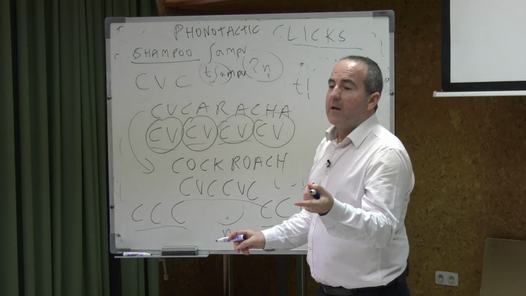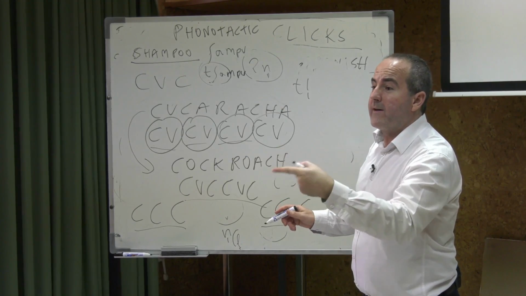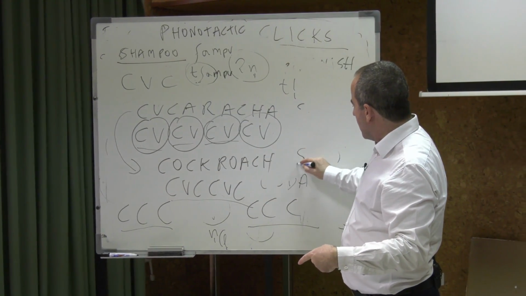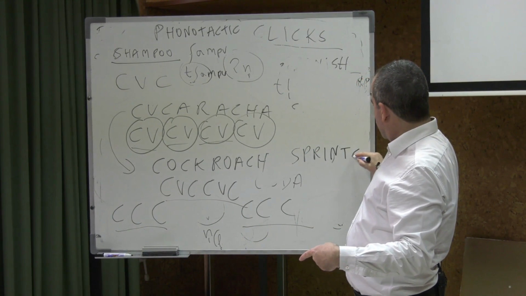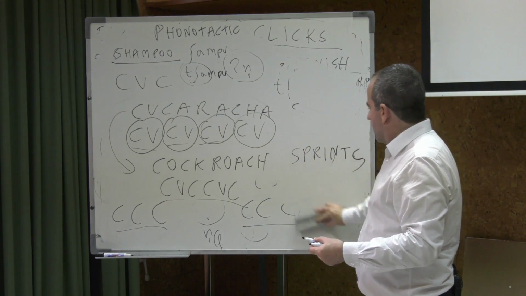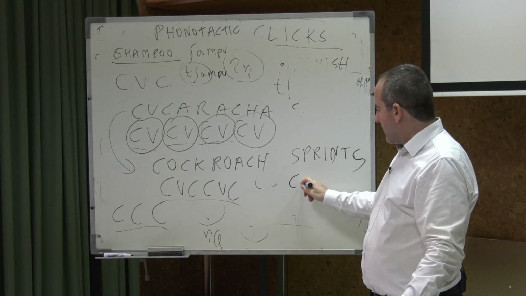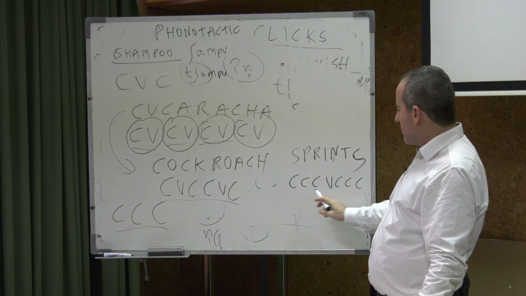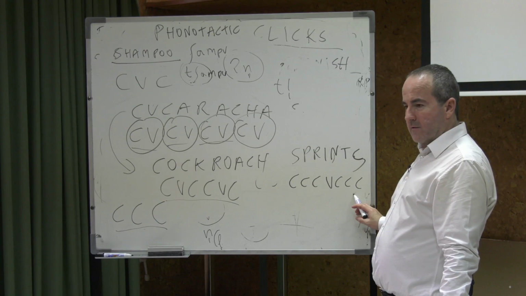You understand? The opposite happens when we borrow words from English into Spanish. If you have this English word, sprints, look at this, it is just one syllable: consonant, consonant, consonant, vowel, consonant, consonant, consonant, 3 consonants, 1 vowel, 3 consonants, okay?